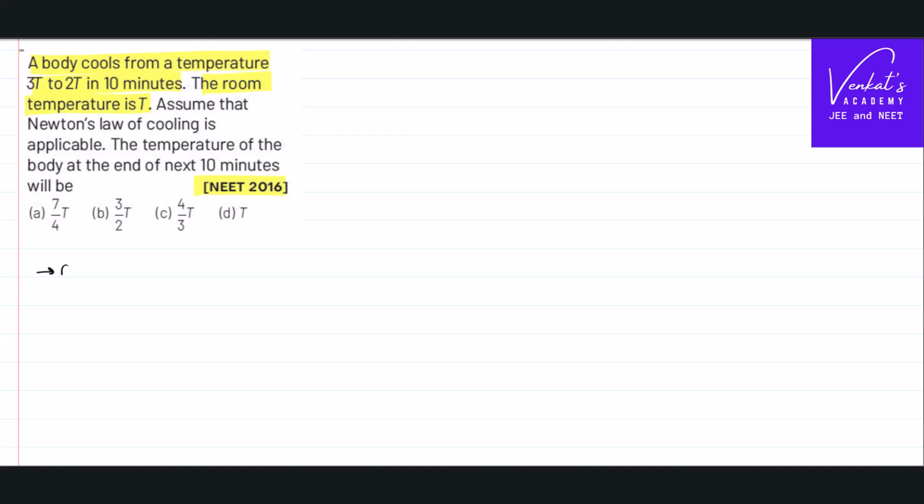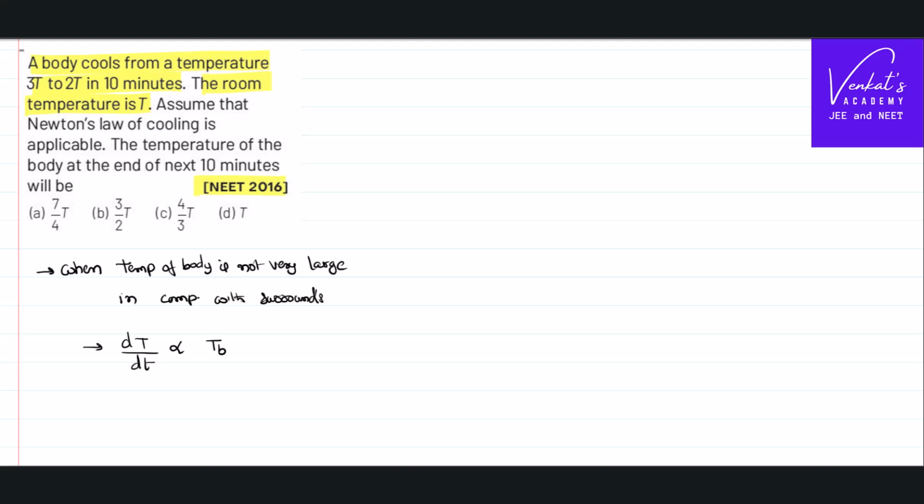When the temperature of a body is not very large in comparison with the surroundings, according to Newton's law of cooling, the rate of loss of temperature to the surroundings is directly proportional to the temperature difference between the body and the surroundings.